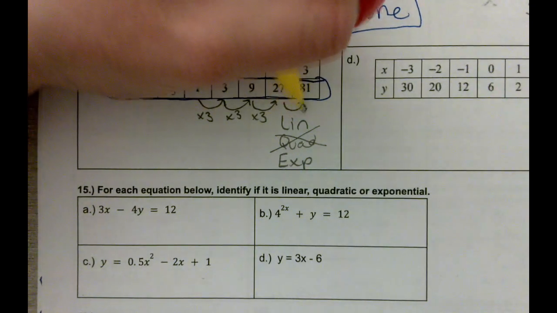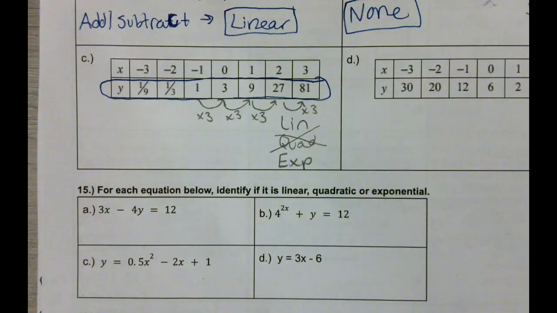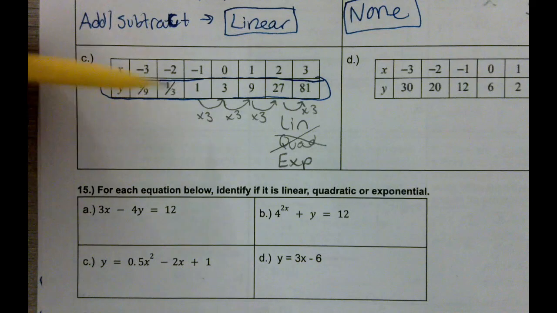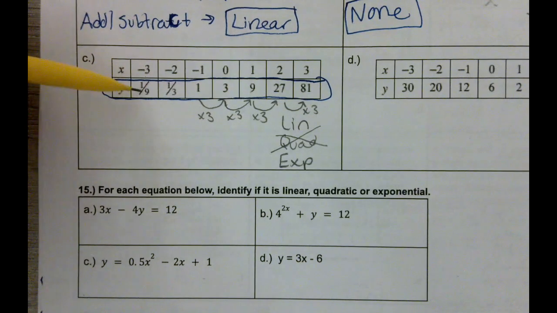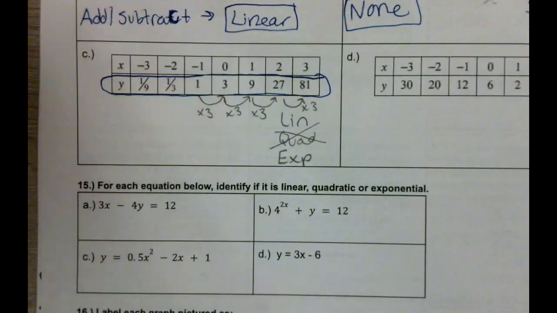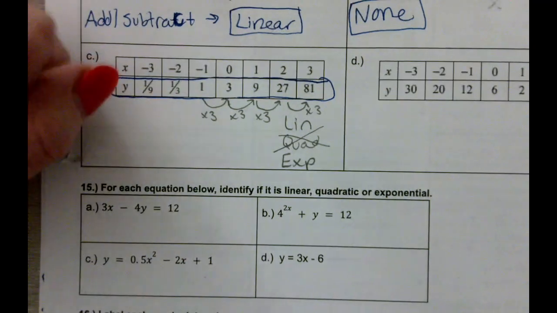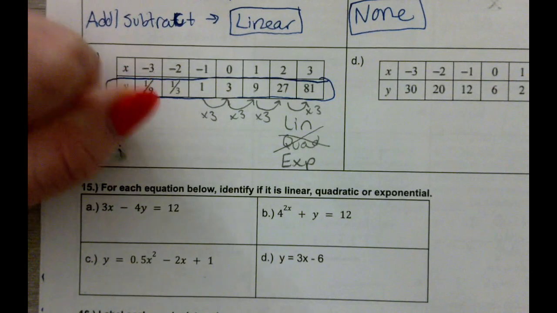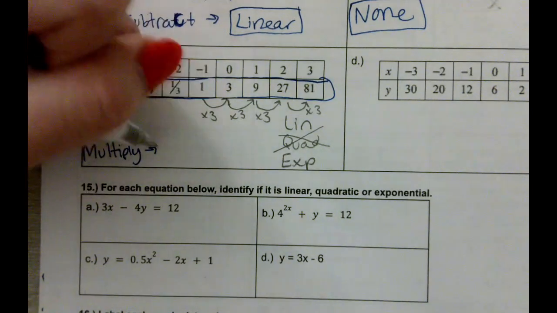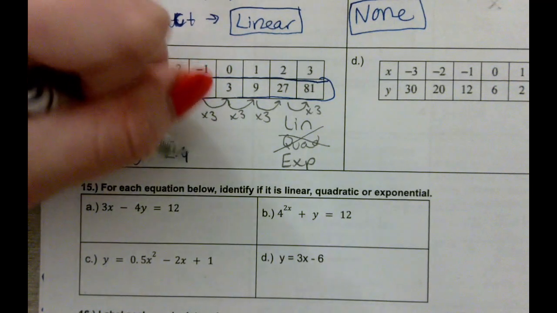And then you can verify this with a calculator. 27 times 3 is, in fact, 81. And then this does work with the fractions as well. 1/9 times 3 is 1/3, times 3 is 1. So, since we were able to multiply for the pattern, that means this is exponential.